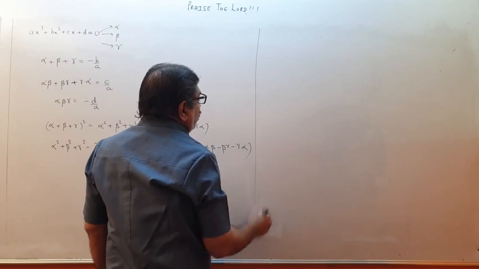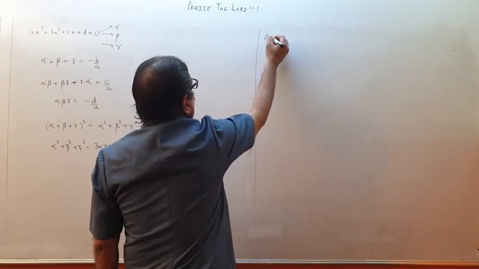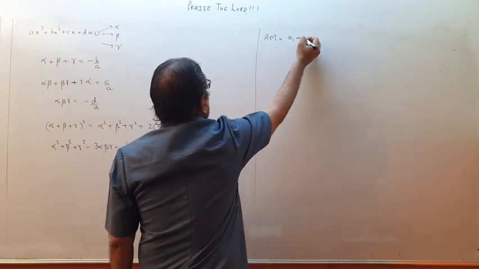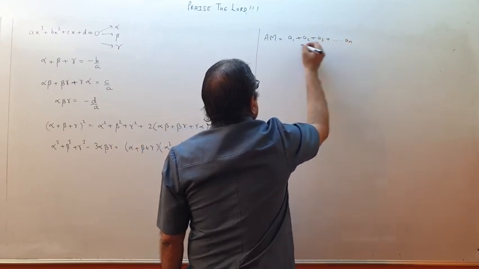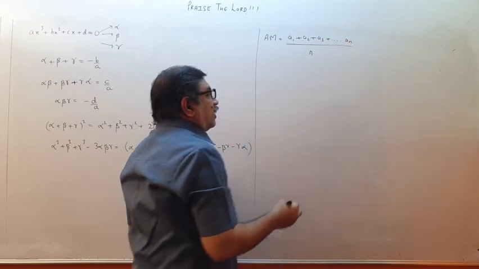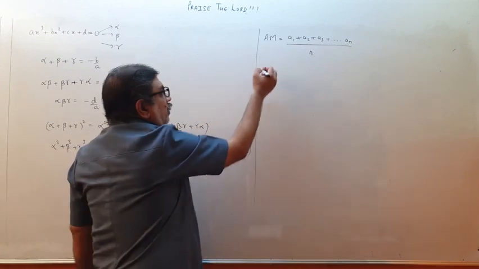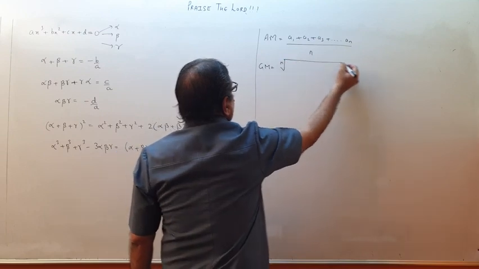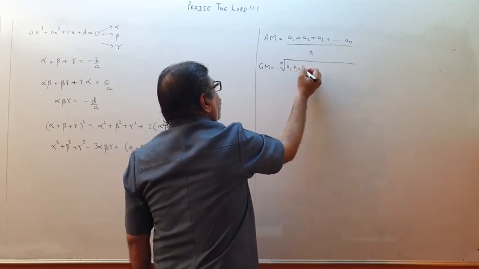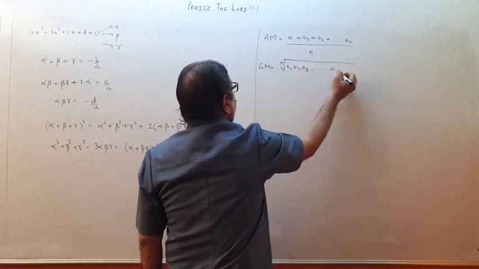Then children, please remember, the arithmetic mean of n numbers is given by the formula a1 plus a2 plus a3 up to an upon n. Geometric mean of n numbers is given by the nth root of a1, a2, a3 up to an.